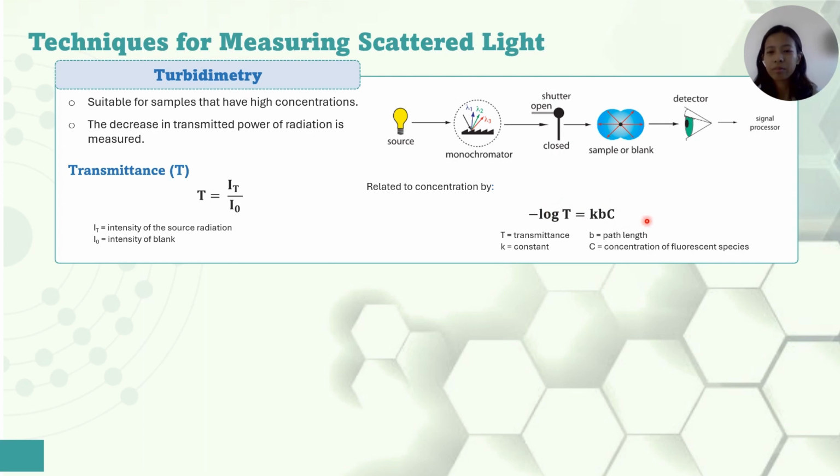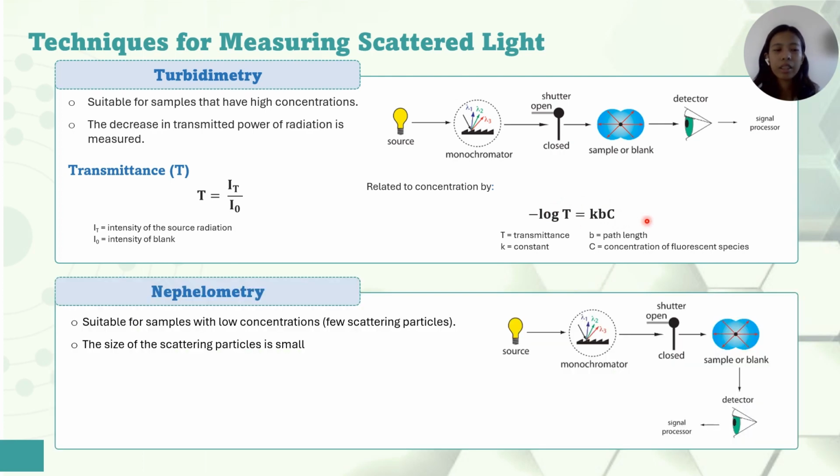The second technique is nephelometry, where the measurement is done at an angle of 90 degrees from the light source. The size of these scattering particles is small, so Rayleigh scattering can be seen. As compared to turbidimetry, which is suitable for high concentrations, nephelometry is for low concentrations where the analyte has few scattering particles.